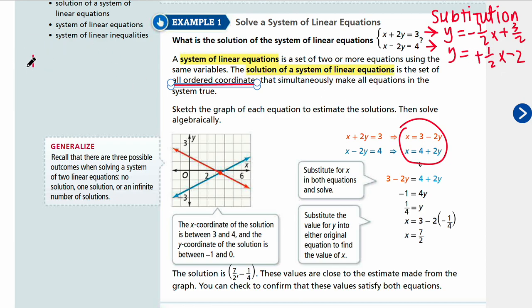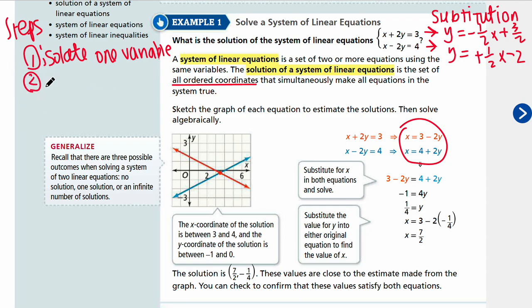So steps. Isolate one variable. And then the next step would be set the expressions equal to each other.